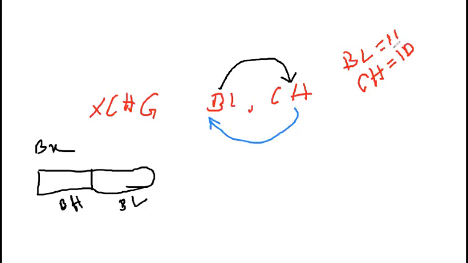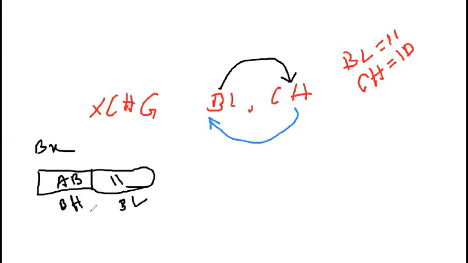Let's have a look. The BL has the value 11. What is the value for BH? Say AB. I'm going to give the value AB for BH. Is that clear? Yes, sir. Already finished with the BX.